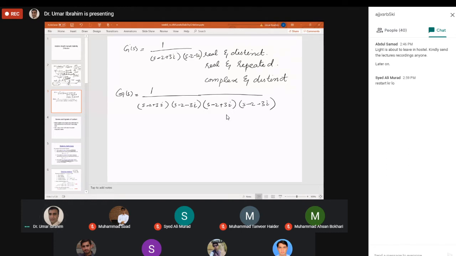So again, are the roots complex or real? Complex. They are complex. Are they repeated or distinct? Repeated. Good.